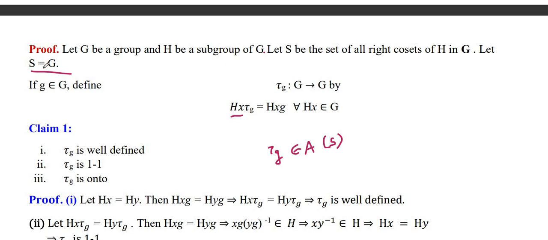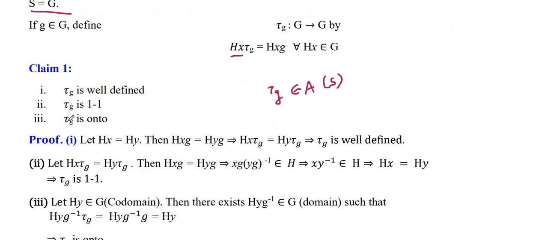It doesn't mean that S is a group, even though G is a group. It can be a group only when H is normal, not otherwise. So there is no meaning in saying that tau_g is a homomorphism. So that is not established here. Tau_g is just 1 to 1 and onto.